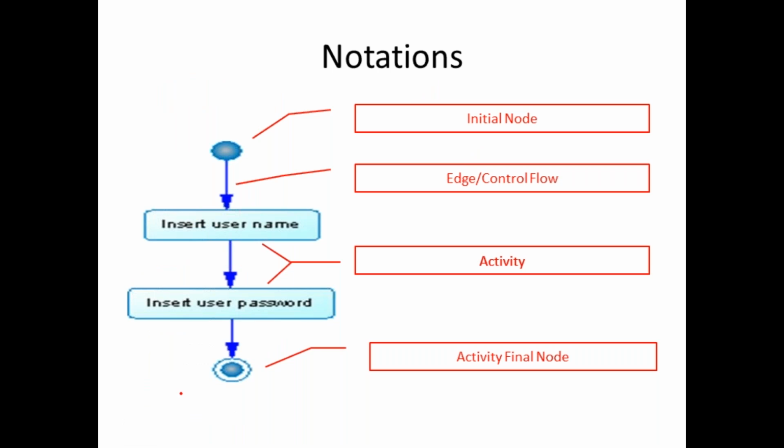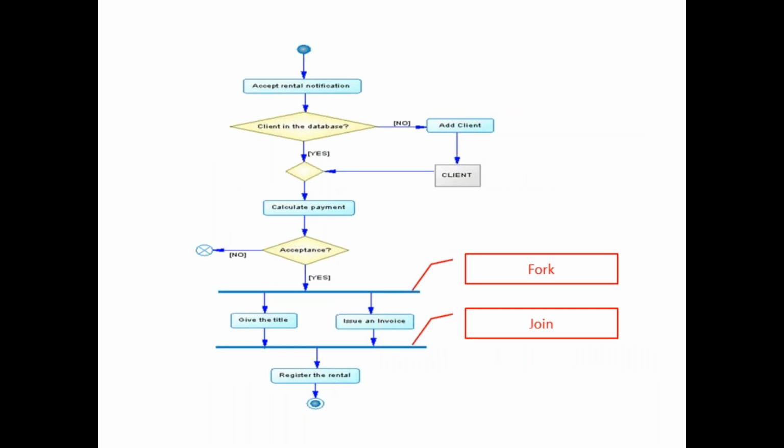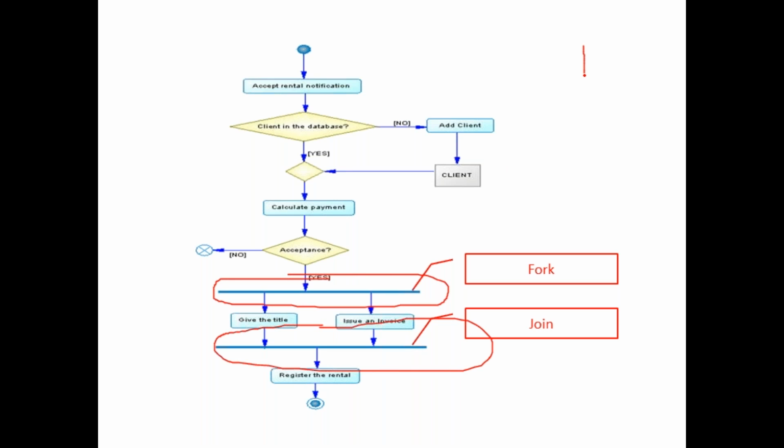So that is how the notation looks for the activity diagram. You have two additional symbols, fork and join. How do you define a fork and a join? Fork is a point where a sequential flow is dividing to form a parallel flow.